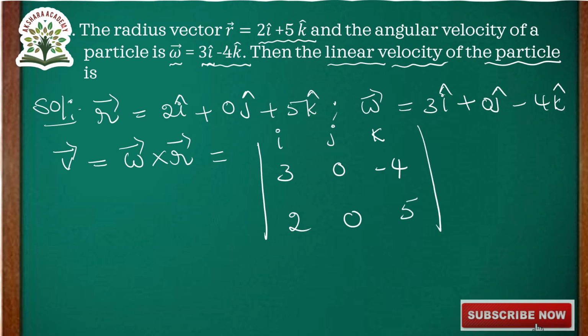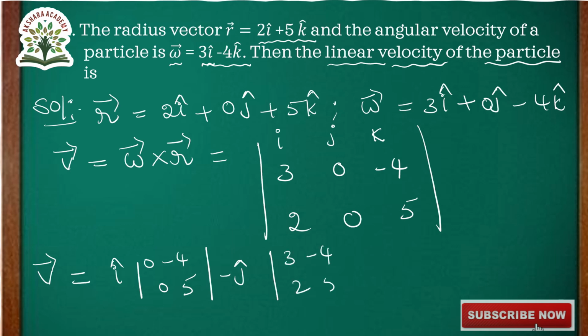Now we are doing this cross product: v bar is equal to i cap determinant of 0, minus 4, 0, 5, and minus j cap determinant of 3, minus 4, 2, 5, plus k cap determinant of 3, 0 and 2, 0.